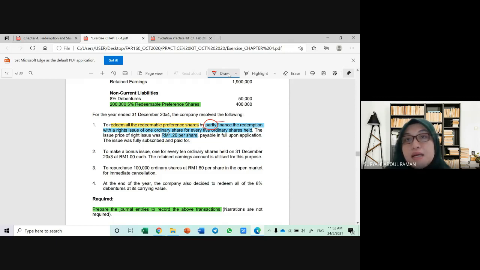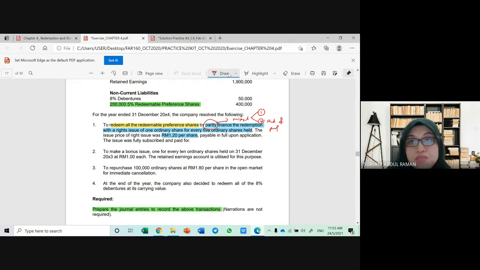The keyword, the hint given to you here, is partly, meaning that the company will use a combination of method 1, where it issues shares, and method 2, buying out of profit. So you need to compare later on whether the amount of shares has been fully replaced or not, and if not, then the balance will be taken out of profit.